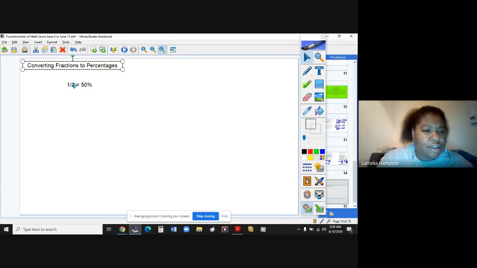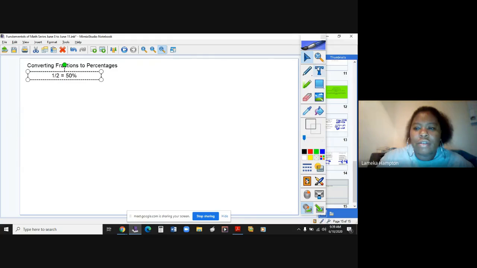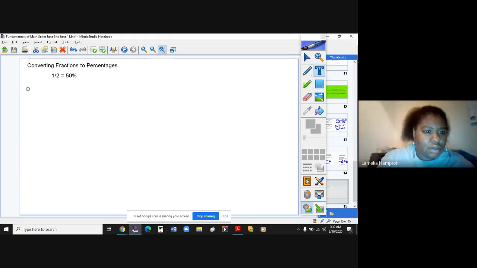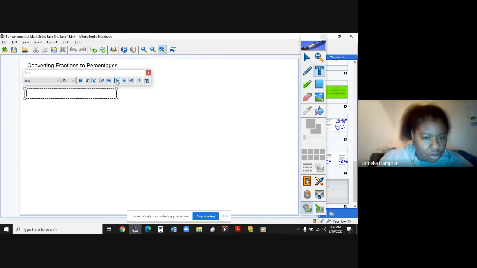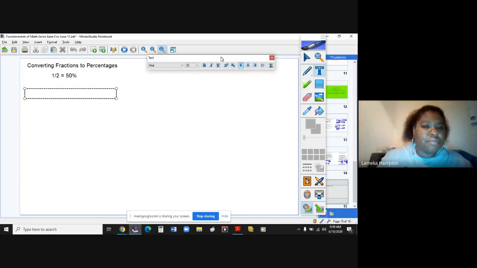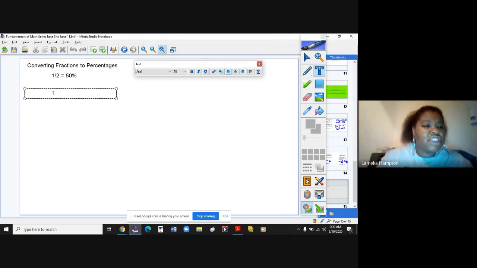So I'm going to move that up just a little bit so that way I can have some room. So the steps are as follows as it relates to converting your fractions to percentages. Number one, this deals with multiplication.